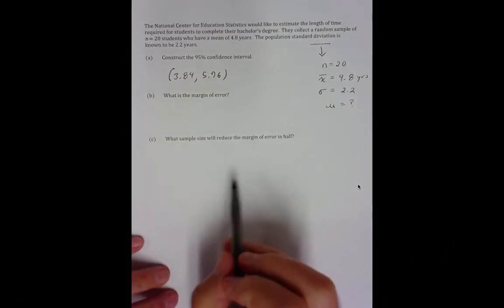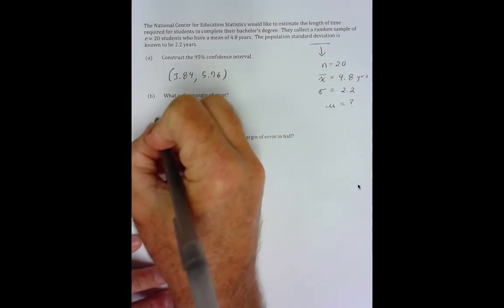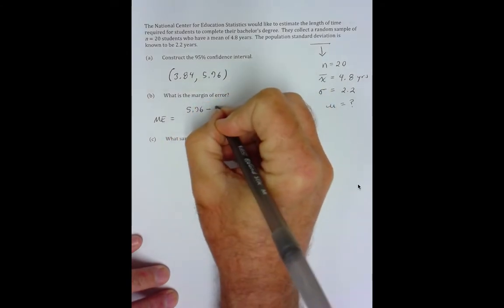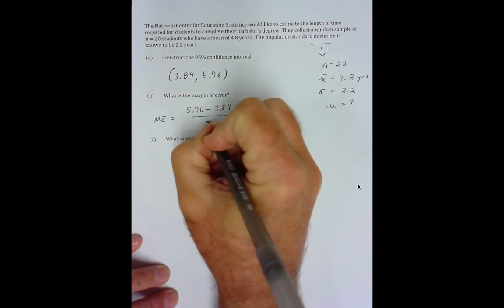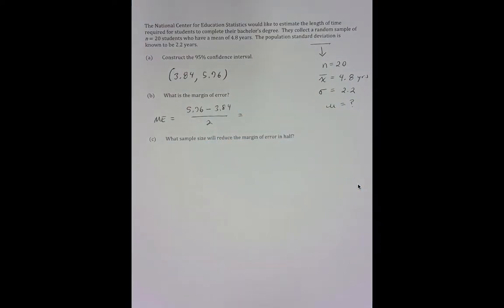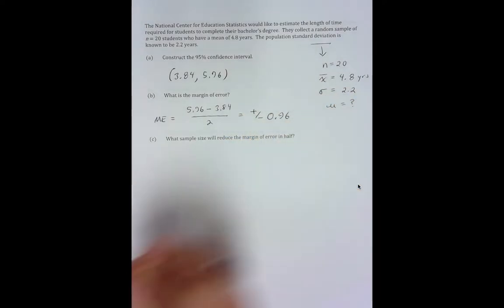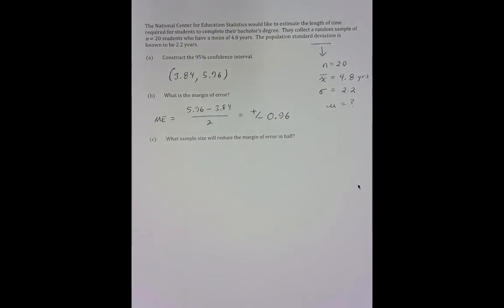All right, calculate the margin of error. The margin of error is going to be 5.76 minus 3.84, divided by 2. Let me grab my calculator. I get 0.96, so plus or minus 0.96 would be the margin of error.